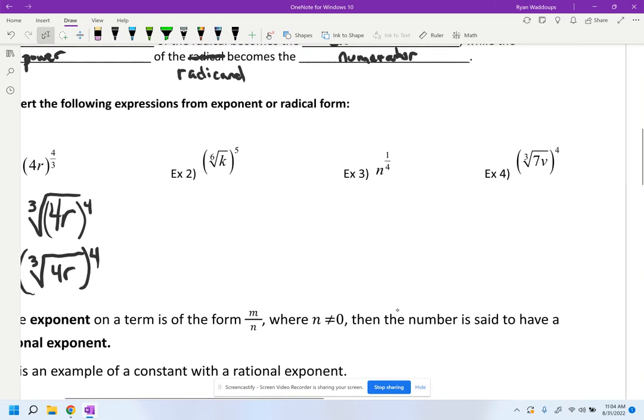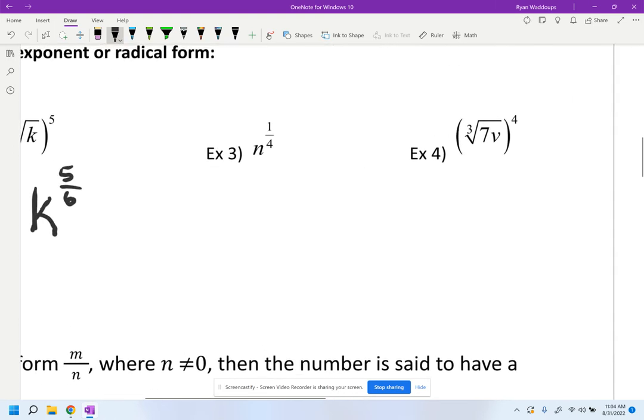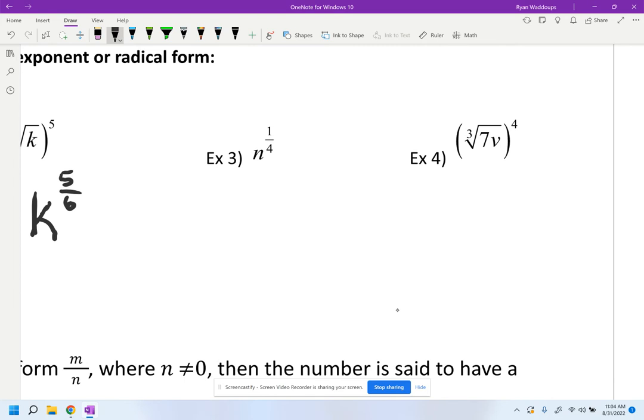Example 2, we've got it in radical form, so we're going to write it in rational exponent form. So k is our radicand, becomes the term, and it's raised to the 5/6 power. Example 3, we've got n to the 1/4.